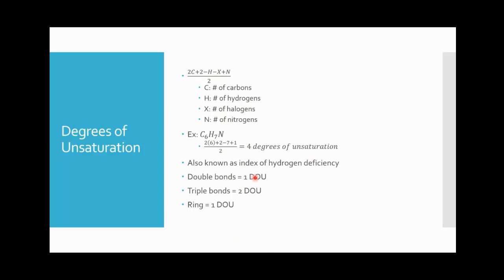If you have 1 degree, it means there's a double bond somewhere, or just a ring somewhere. If you have 2, it could mean that we have 2 double bonds or a triple bond. It tells you if we have double bonds, triple bonds, or a ring.